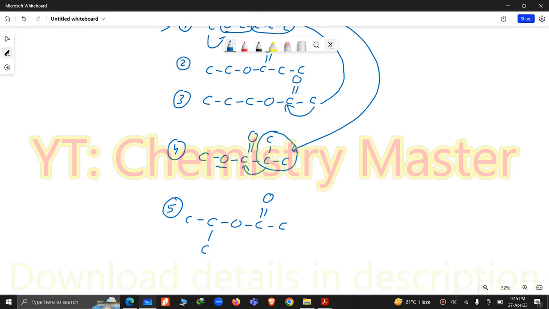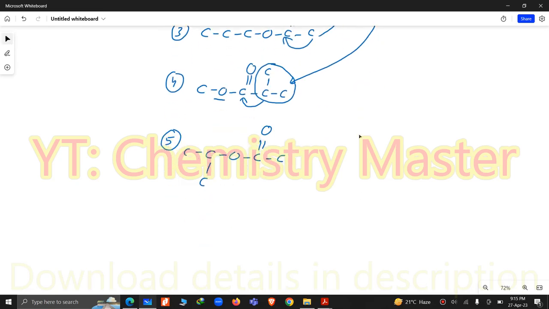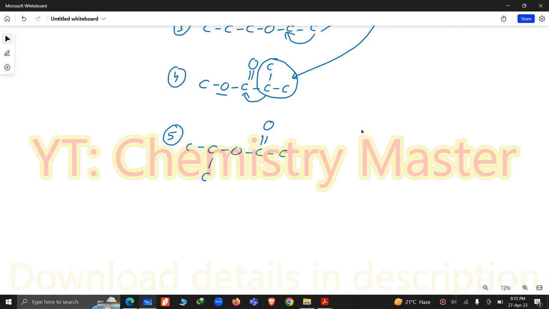Now by using the formula and the condition of ester, I can make another isomer. Let me show those isomers in another form. We know that an ester should have this type of functional group where R and R prime are different.